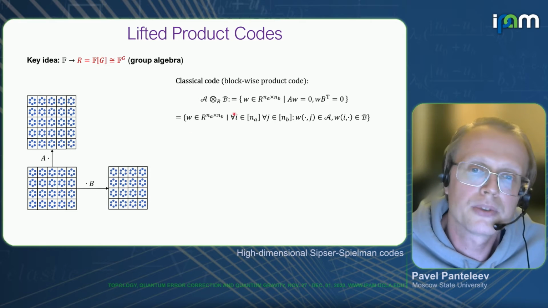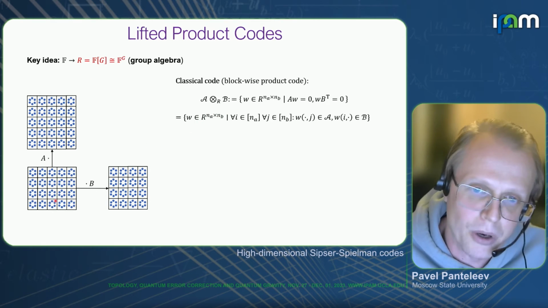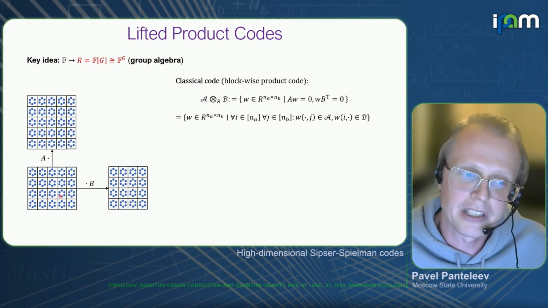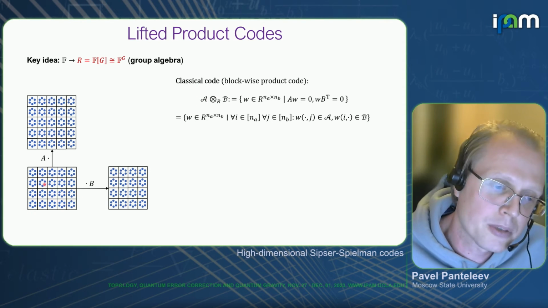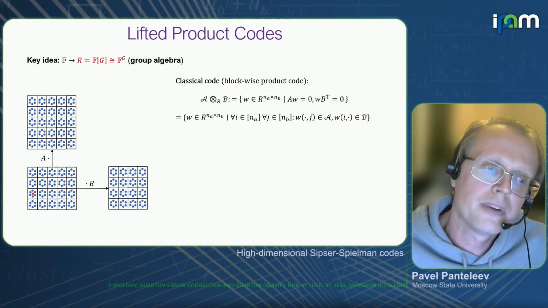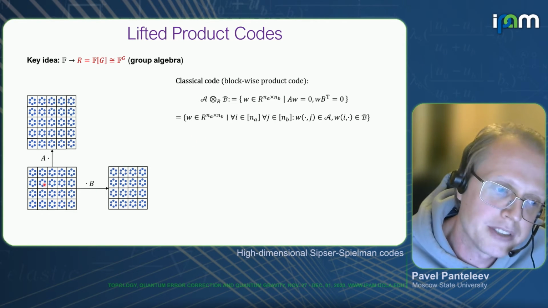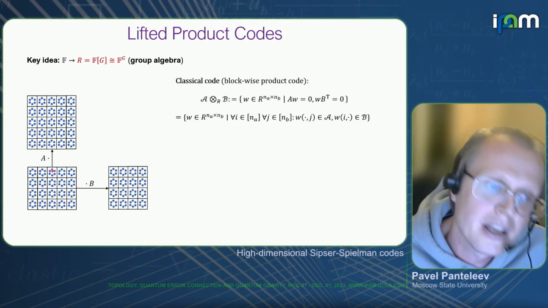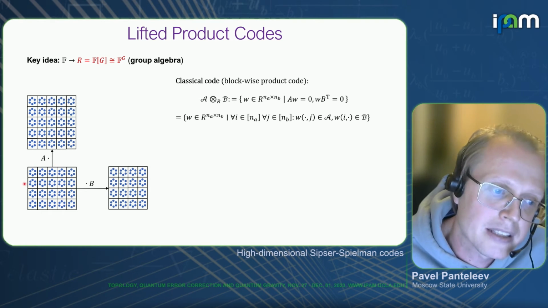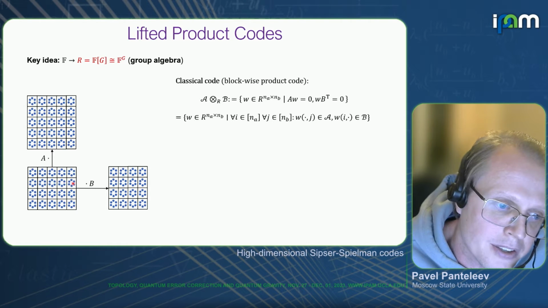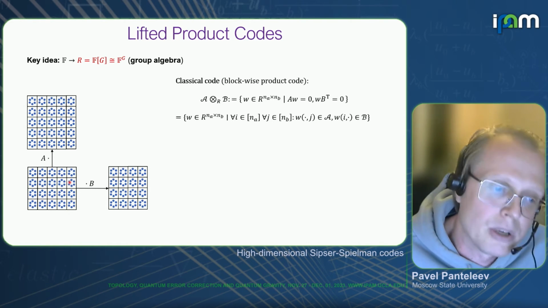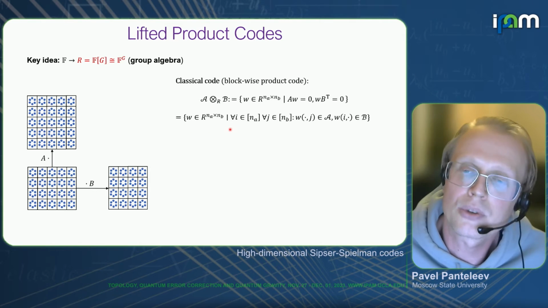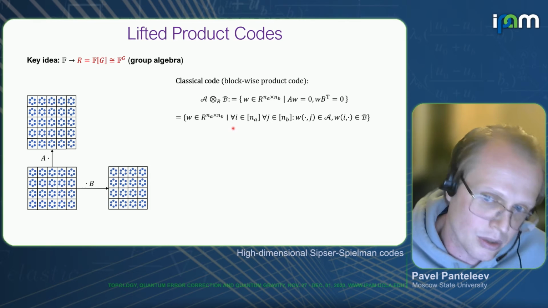So we use exactly the same definition as before. First, let us start with the classical code for simplicity. Yes, we have a tensor product code, but in this case, we replace each bit with a group of bits. And we require that the concatenation of these bits belongs to code A, and the concatenation of these bits belongs to code B. This is what is usually called in the classical coding literature a blockwise product code.